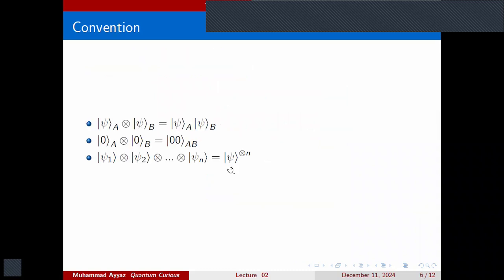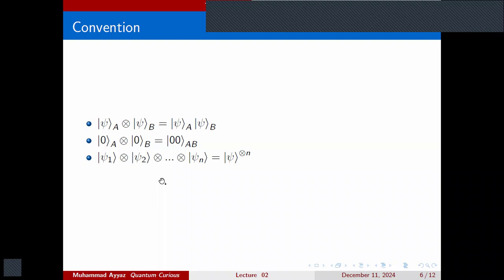So there is a convention to simplify the tensor product on paper. We have the tensor product between the two states, and we could write it without the symbol of the tensor product. Similarly, the tensor product between 0, 0 state can be written as 0, 0 in the single ket notation.